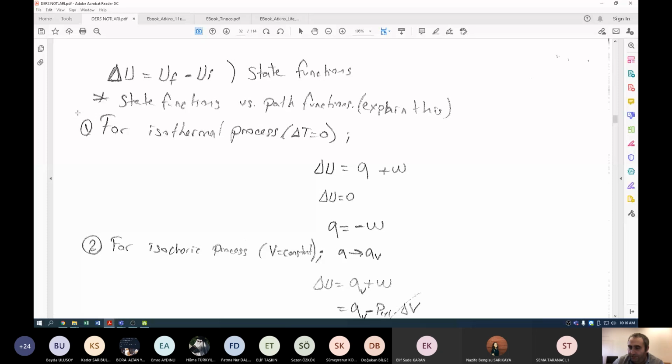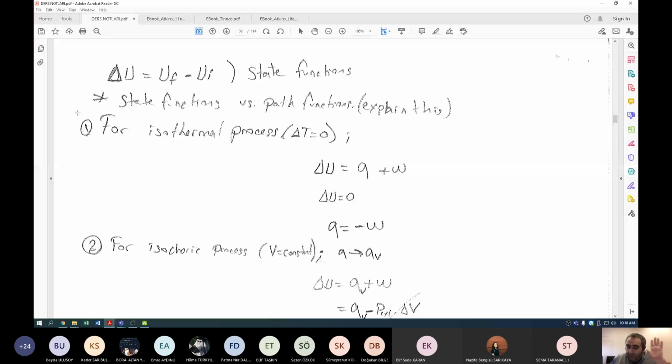You will be asked questions about isothermal, isobaric, or adiabatic processes. There are 4 types of processes. They all can be both reversible or irreversible processes. They all can be a perfect gas or non-perfect gas.